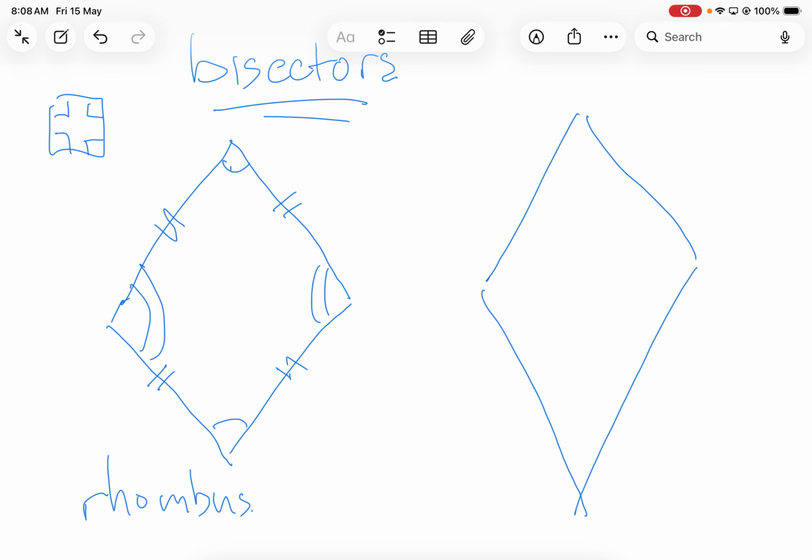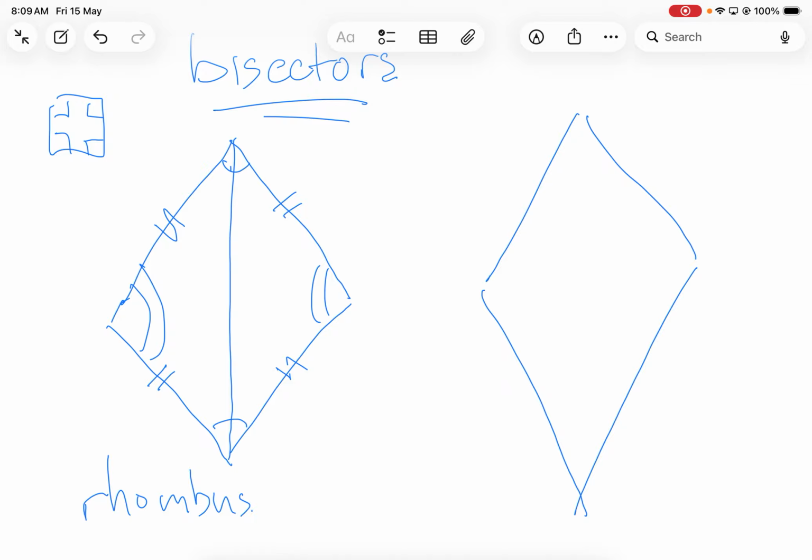Okay. So when you have a rhombus, we are learning congruence and similarity. If I split this rhombus into two, we actually have two congruent triangles.